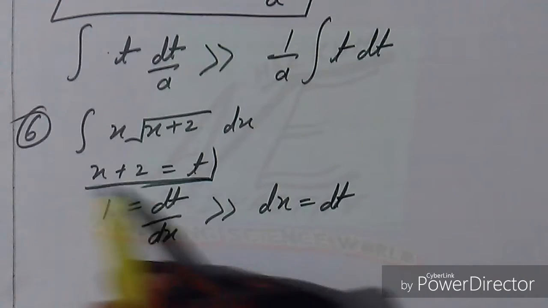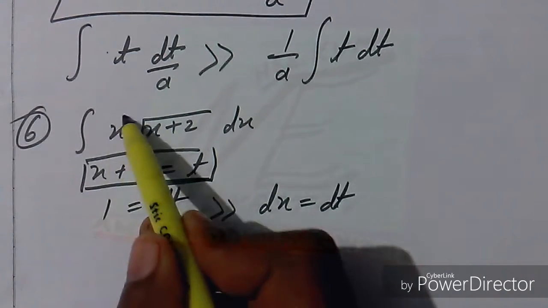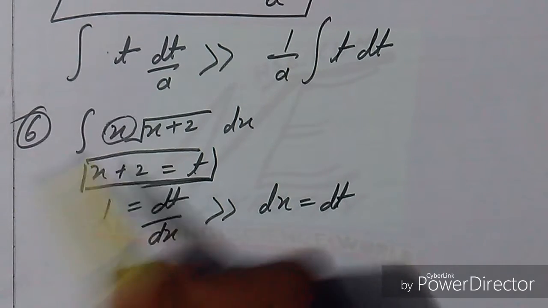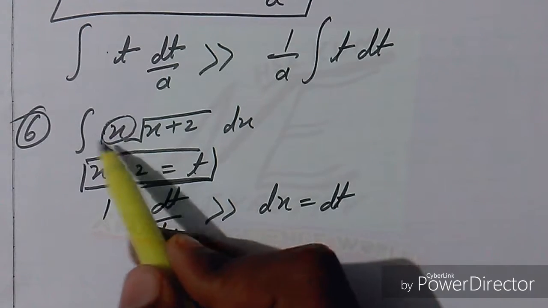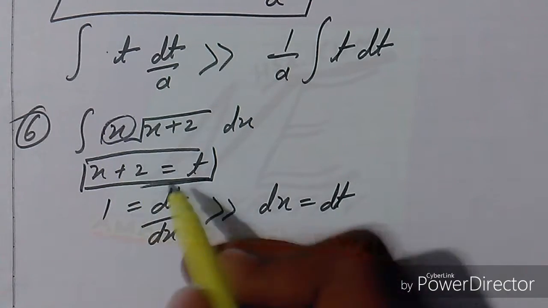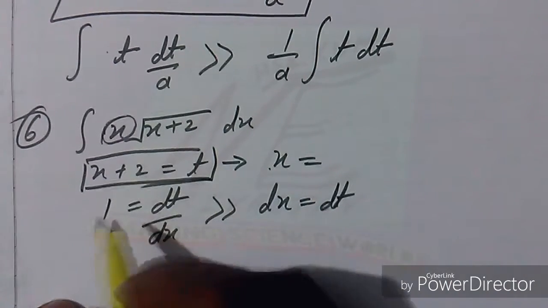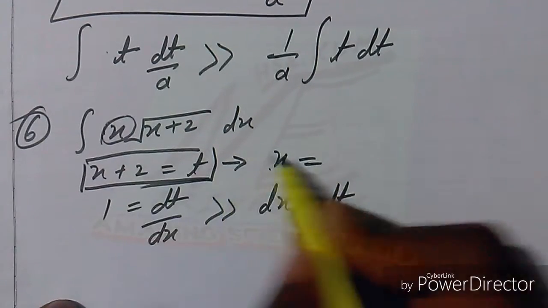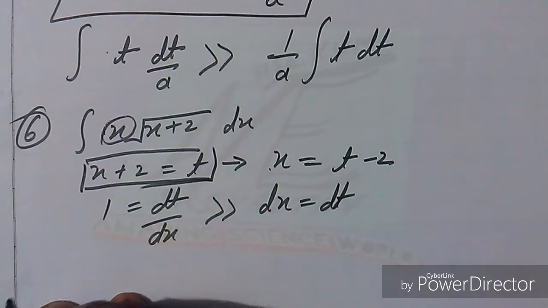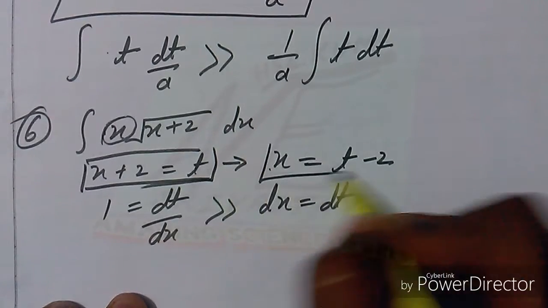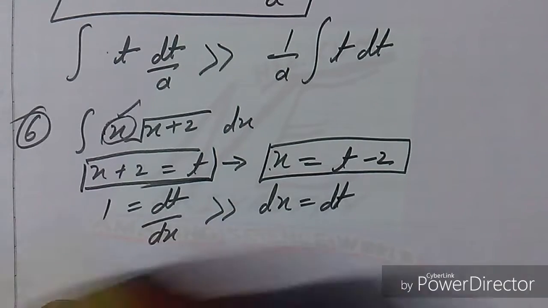You pick up this point, x plus 2 is equal to t, and now we find the value of x. What will we put in the place of x? After solving this equation, x is equal to t minus 2, and we put this in the place of x.